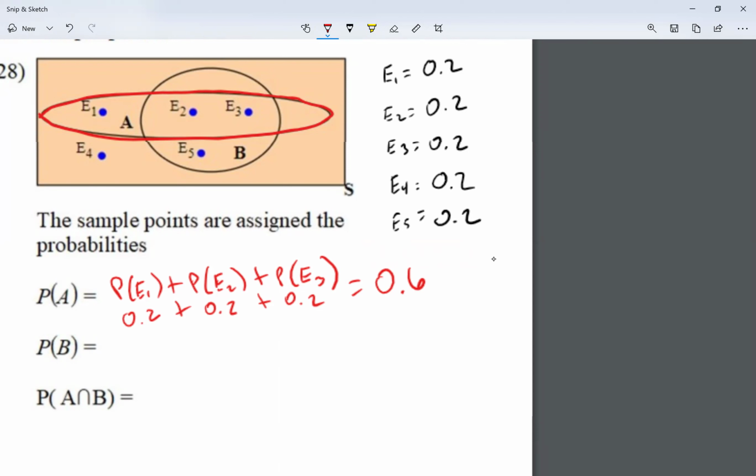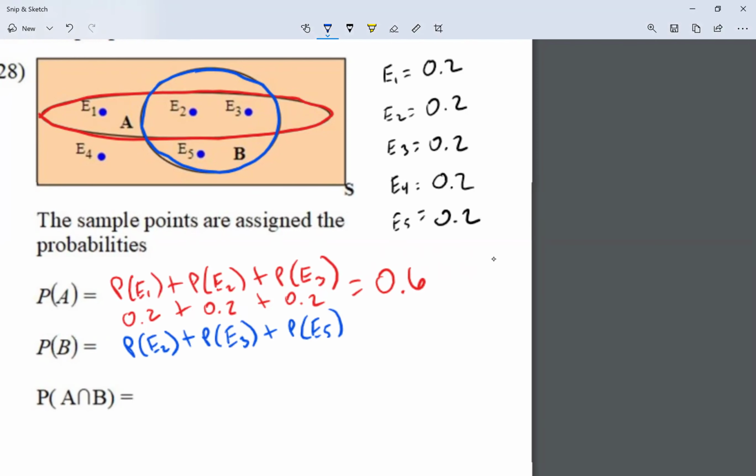Okay, now what's the probability of B? Let me do it in blue. I'm going to circle all of B. I'm looking at all the points inside of B. So I'm asking what's the probability of E2 plus what's the probability of E3 plus what's the probability of E5.